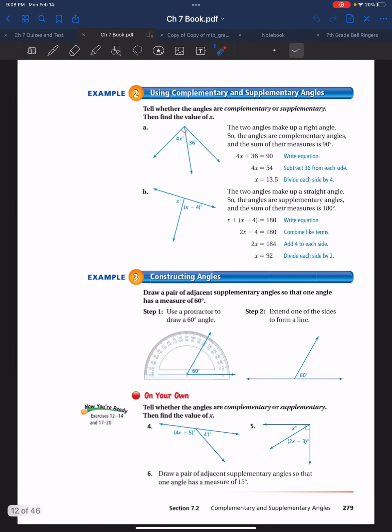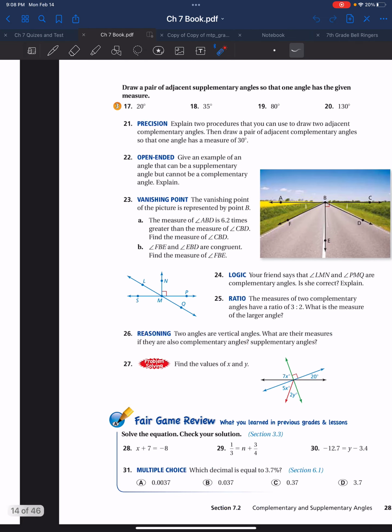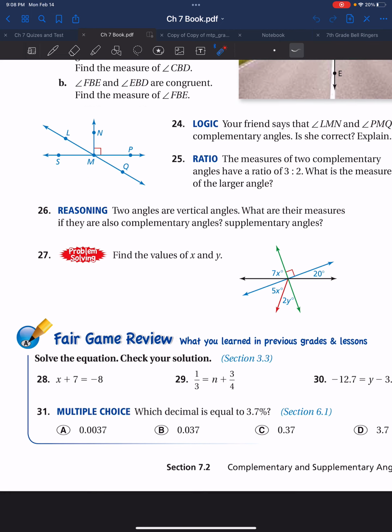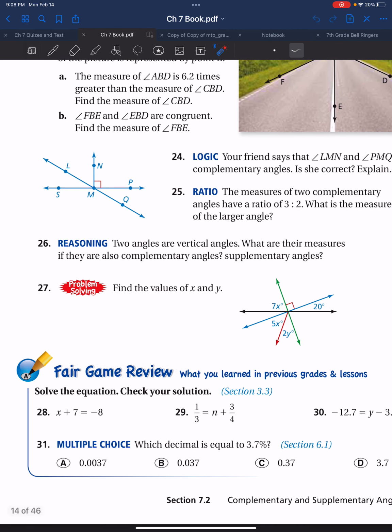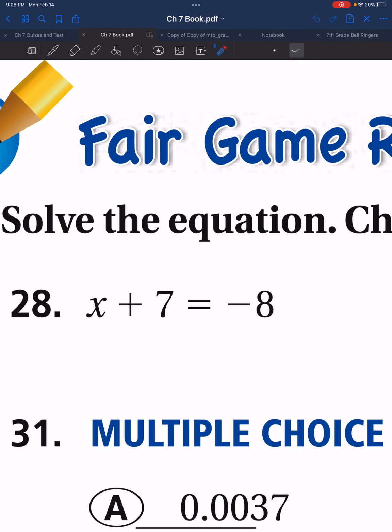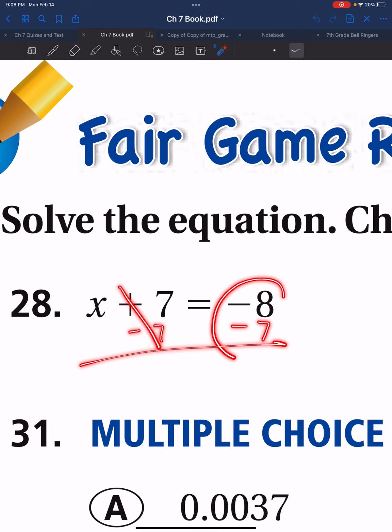Your bell ringer was right here. Solve the equation, check your solution. Ah, simple. Get x by itself. To do that, we would subtract the 7. These would cancel out. Signs are the same, so we just add. 7 and 8 is 15.